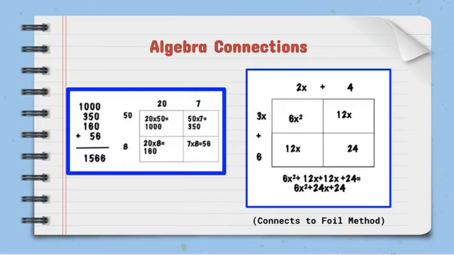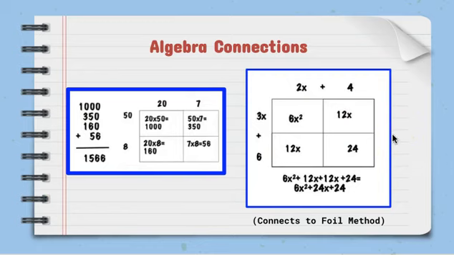And we can see it here, right? What we did in some of our work throughout this course was similar to the blue box on the left. And then here we can see what that looks like with that FOIL method and a box, right? Using it in our algebra connections, okay? So once again, this will help them connect to algebra.